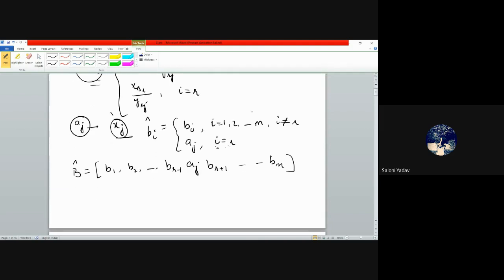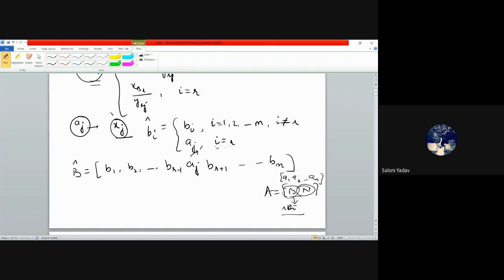In the sense, see, throughout what are we doing? We have split our A into two, B and N, right? We started with B: B1, B2, up to Bm. After that, from that B, what did we do? We removed BR, the column in B at the rth place, right? Now, your A originally was A1, A2, up to AN, right?